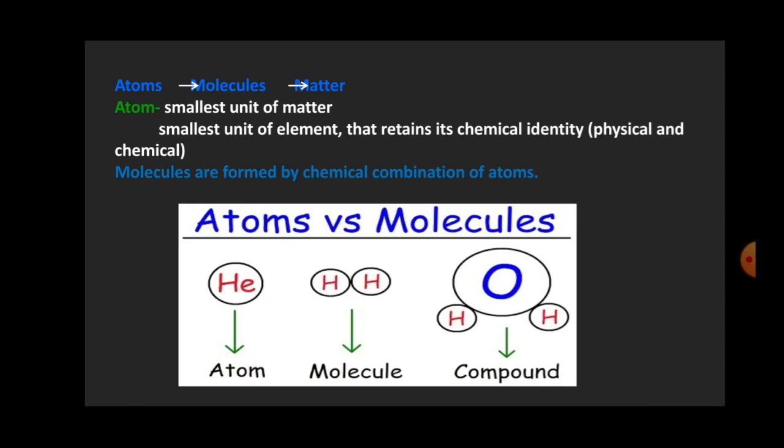Now, as I said, the atom is the smallest unit of any matter. There are different theories given about the structure of the atom. Different scientists have performed different experiments, and they have come out with different conclusions. So, we will study the different atomic theories in this lesson.